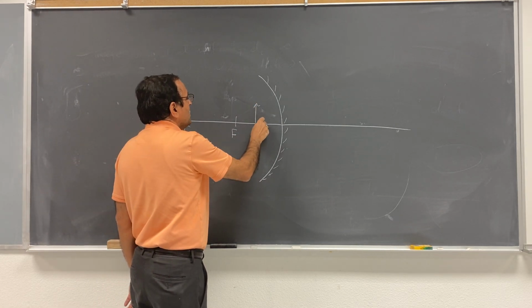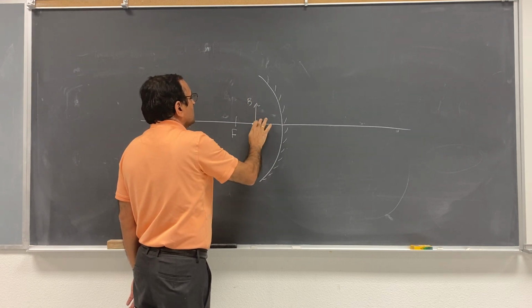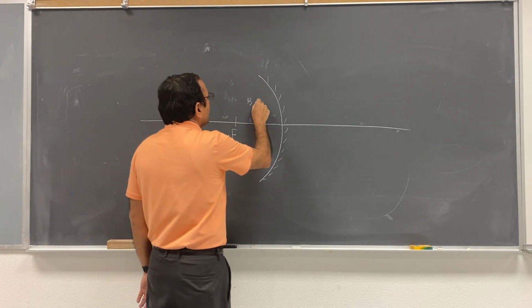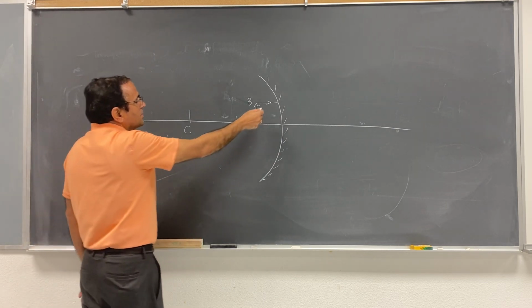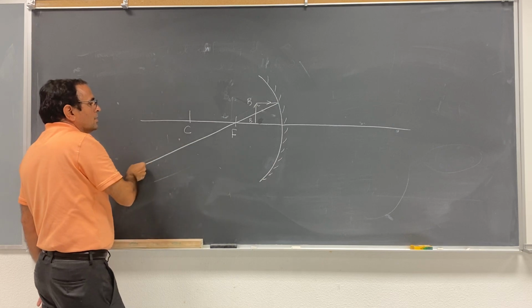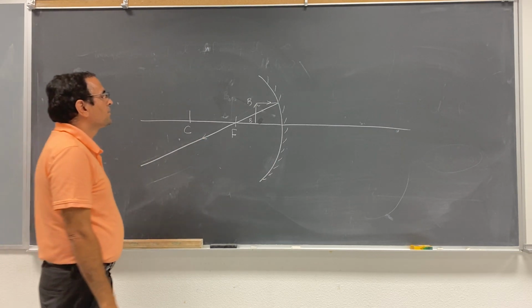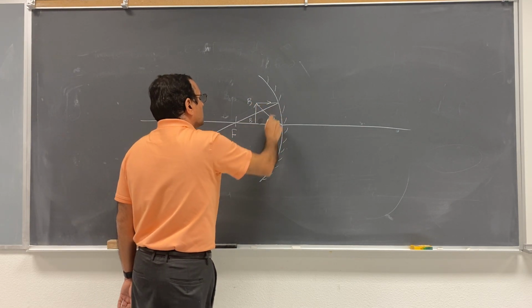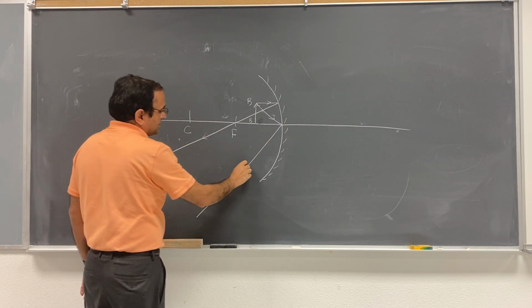Let me call it AB. AB is the object. One ray you can take like this, parallel to the principal axis, and after reflection it goes like this. This is the reflected ray. Another ray you can take this way, and the reflection takes place like this.